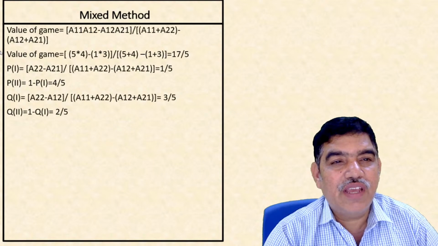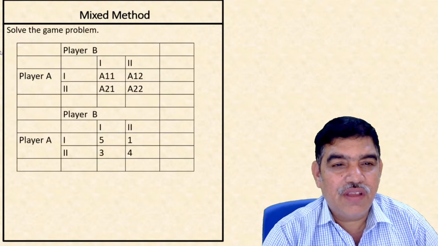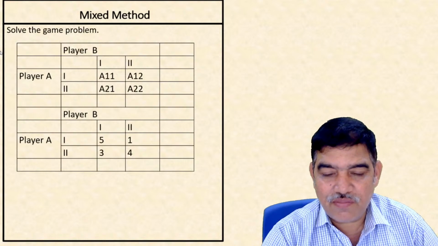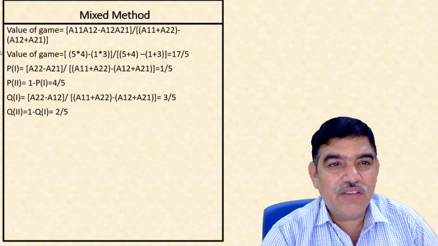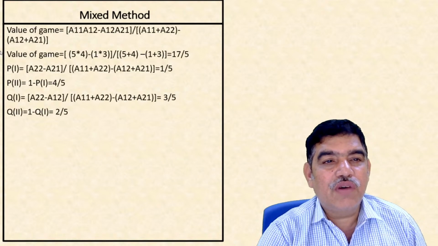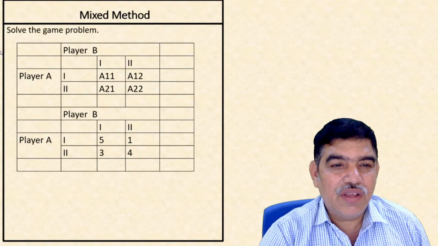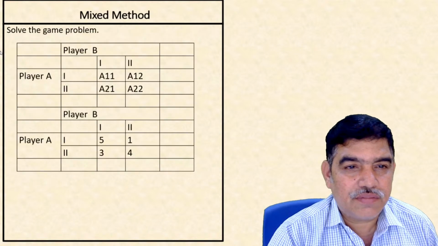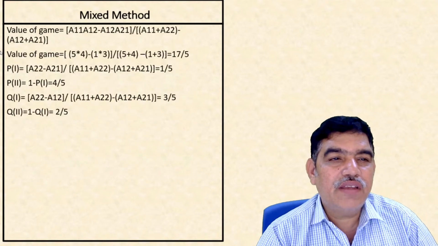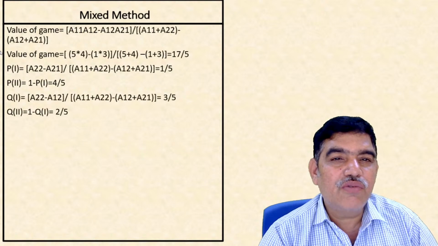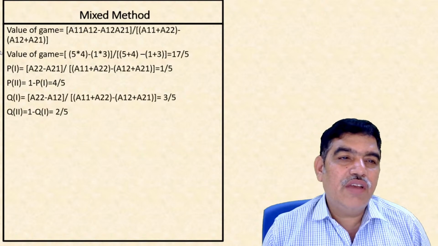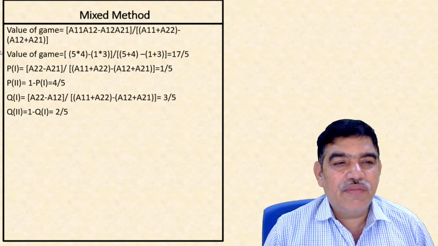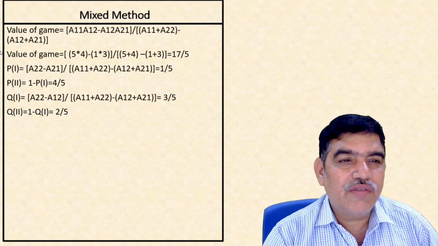That is A11 into A22 minus A12 into A21, divided by A11 plus A22 minus A12 plus A21. This is the formula. If I put the values in that formula, we get the value of game.